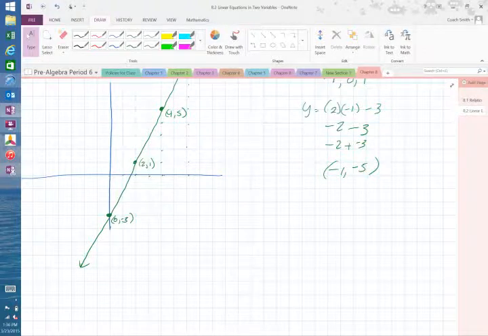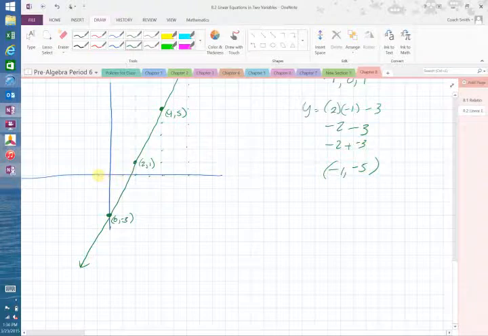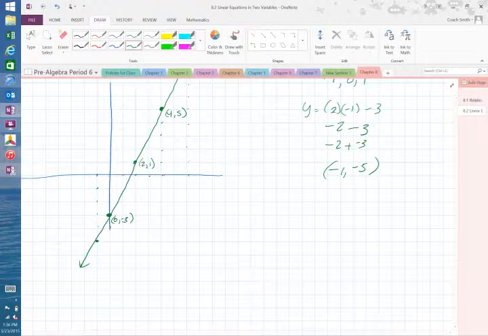-1 and -5 would mean I have -1, then 1, 2, 3, 4, 5. So even with me drawing a crooked line, it still would have fallen on that dot. So it doesn't matter if I choose those values, -1, 0, and 1. We already know that 0 is right here.